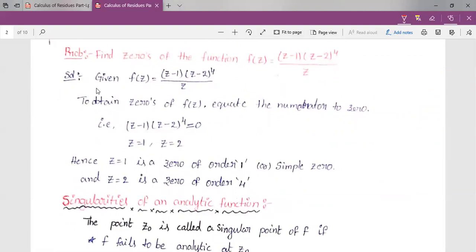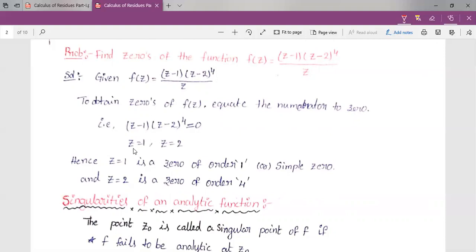Here we consider one example problem. Find zeros of the function f(z) equals (z minus 1) into (z minus 2) whole power 4 by z. To obtain zeros of a function, we equate the numerator to 0. Then we get z equals 1 and z equals 2.